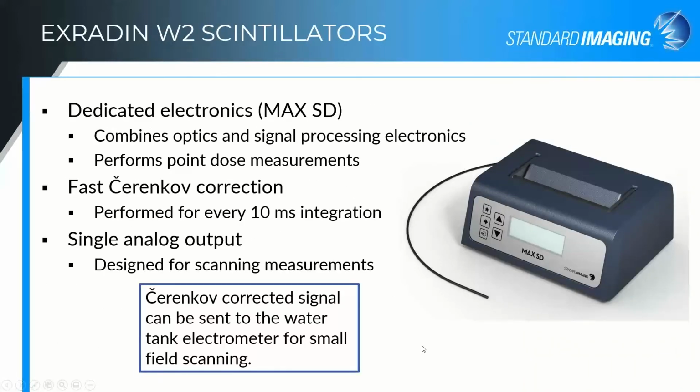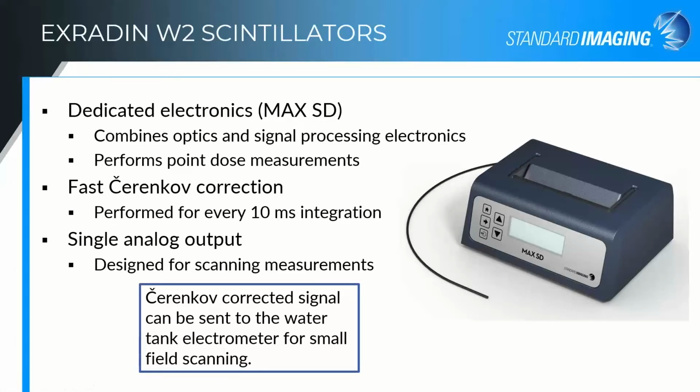So the W2 is the one that is capable of being used more easily in a water tank scanning system. It has dedicated electronics, so the Max SD is our electrometer that's used solely with the W2 fibers. It only takes an optical fiber signal as input, but it has the smarts to process that signal.